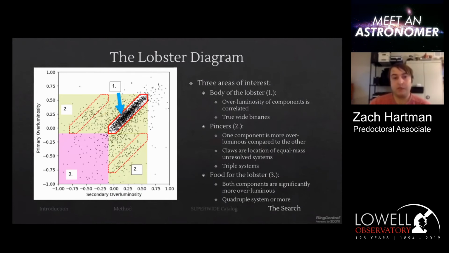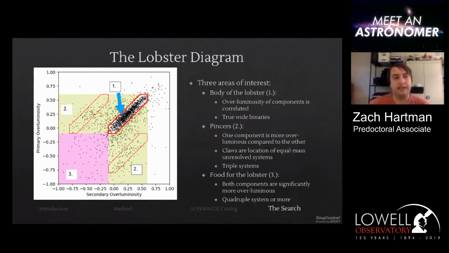If confirmed, this could be a great tool for figuring out which systems to target for follow-up surveys looking for these triple systems. One of the things we've done is look into exoplanet surveys that take light curves, and look for eclipsing binaries.